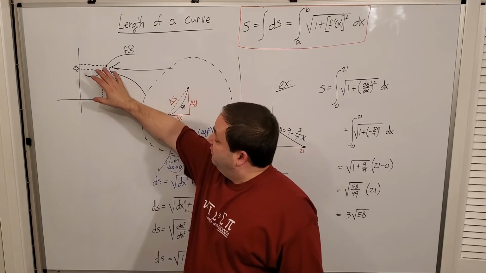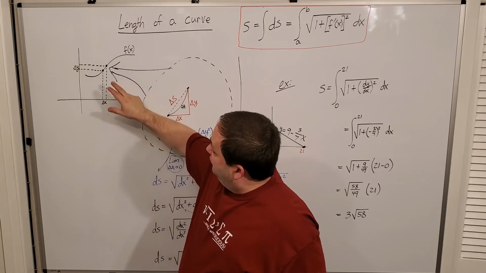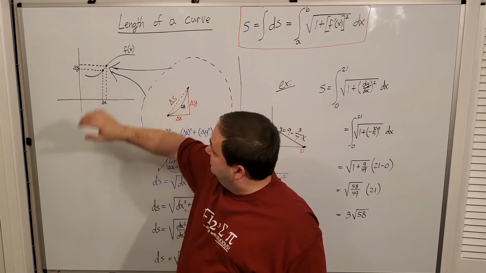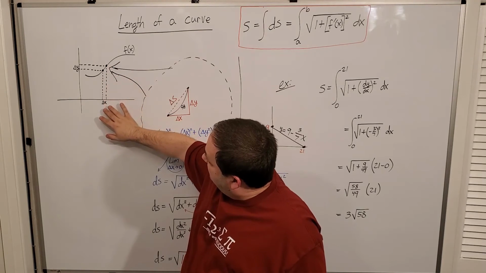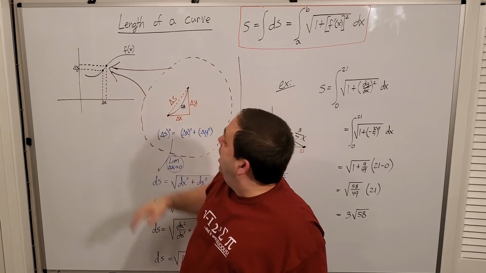So look, if you've got some curve, f of x, okay? If you zoom in on one little piece of it where I've picked 2 points, the difference in the x's is delta x, the difference in the y's is delta y.